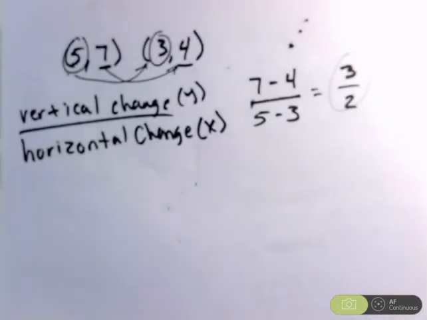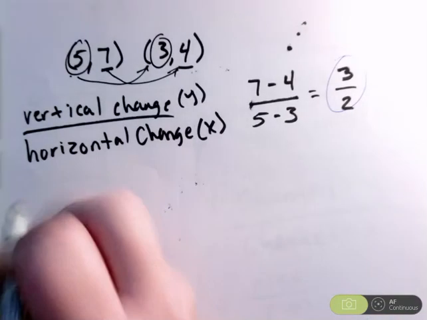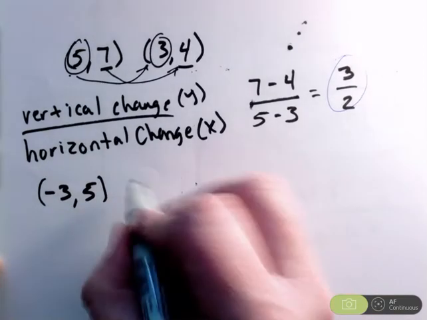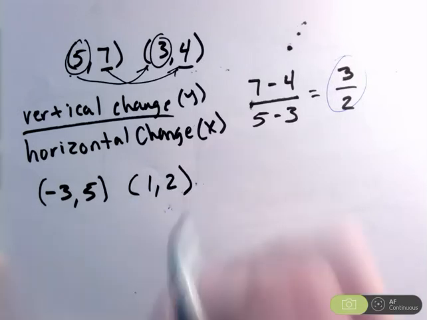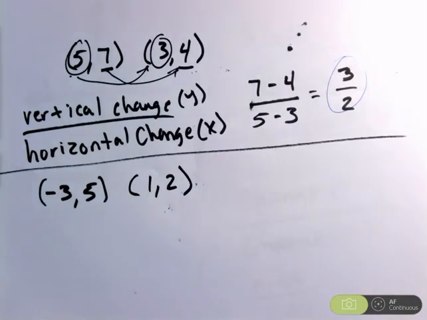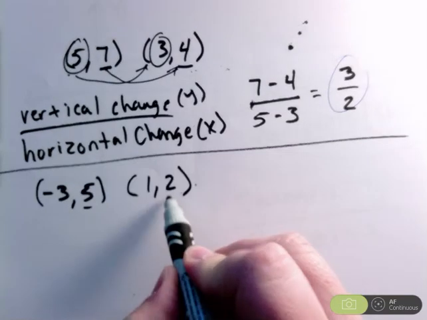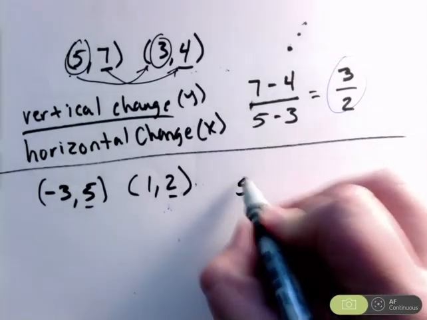Let's take the points negative 3, 5, and 1, 2. Okay, I'll do the second one. Again, I'm going to do vertical change. So, y take away y. 5 minus 2.